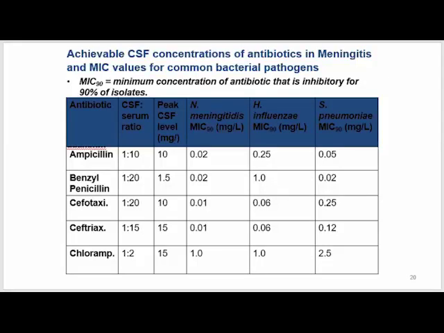That slide is simply showing the antibiotics and the cerebrospinal fluid to serum ratio, the peak concentration, and minimum effective concentration for certain microorganisms. I request that you don't start memorizing those things, it's just information for you. If you don't know, it's fine. You won't be crucified.